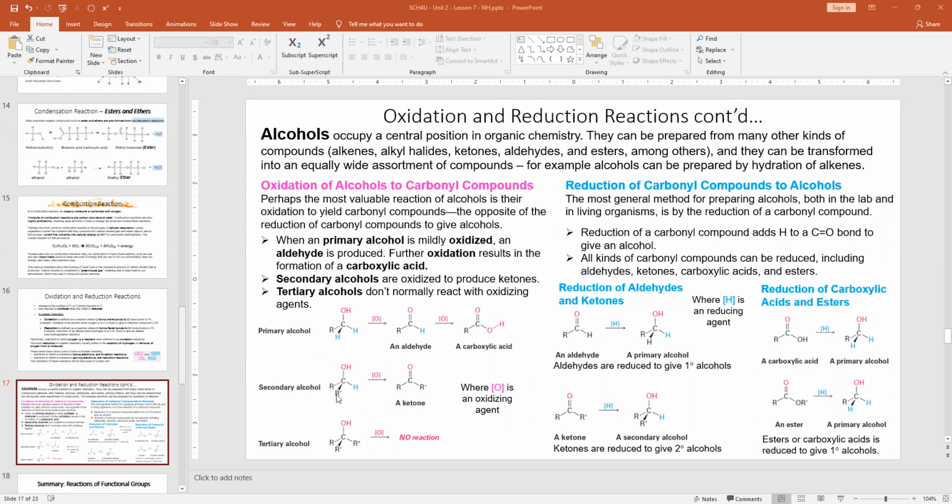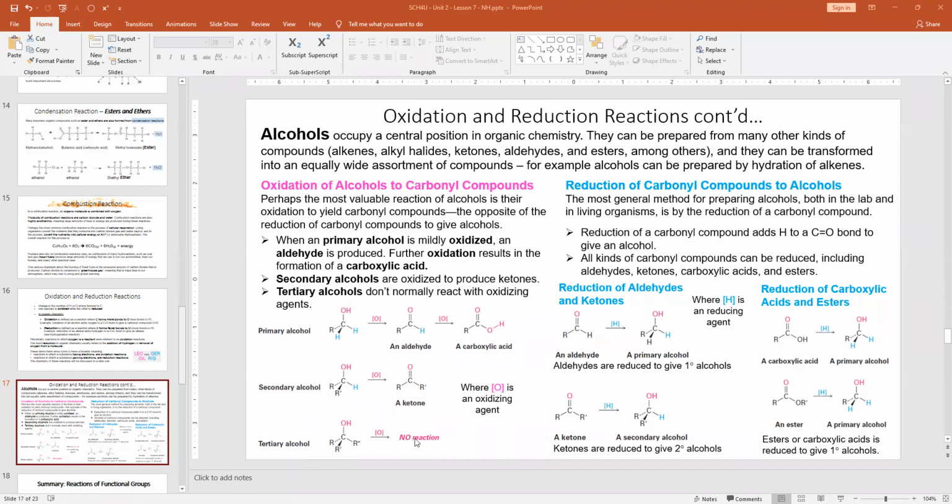Secondary alcohols are oxidized to produce ketones. And here in this square bracket that has the O, this O is described as the oxidizing agent. That's what's carrying out the oxidation process. So secondary alcohols give ketones.